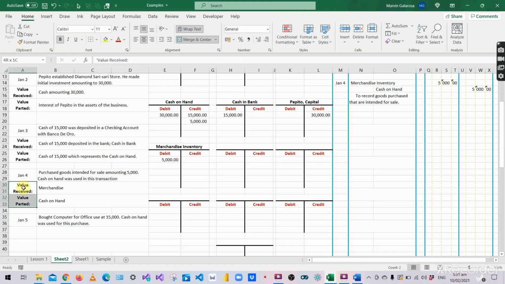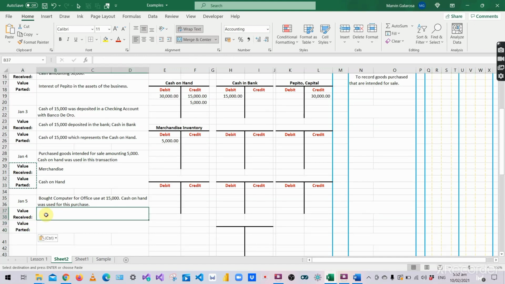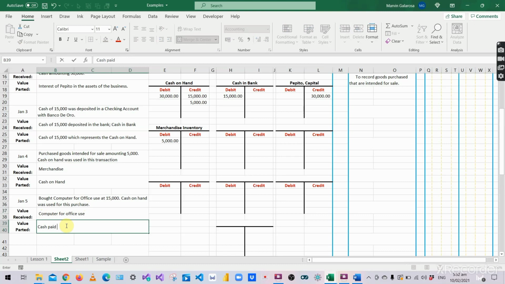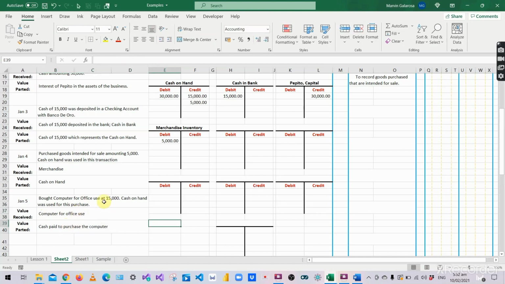So ano yung ating value received and value parted sa January 5? Value received is the computer for office use. Value parted is yung cash paid to purchase the computer. So, meron tayong increase sa asset as well as decrease sa asset.